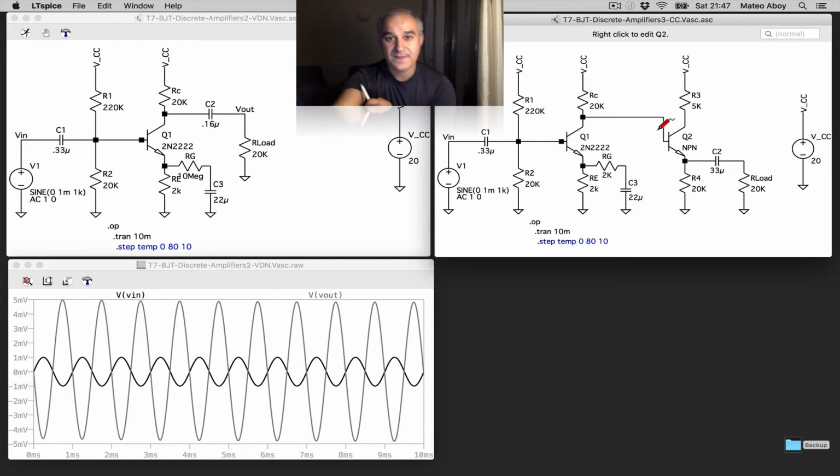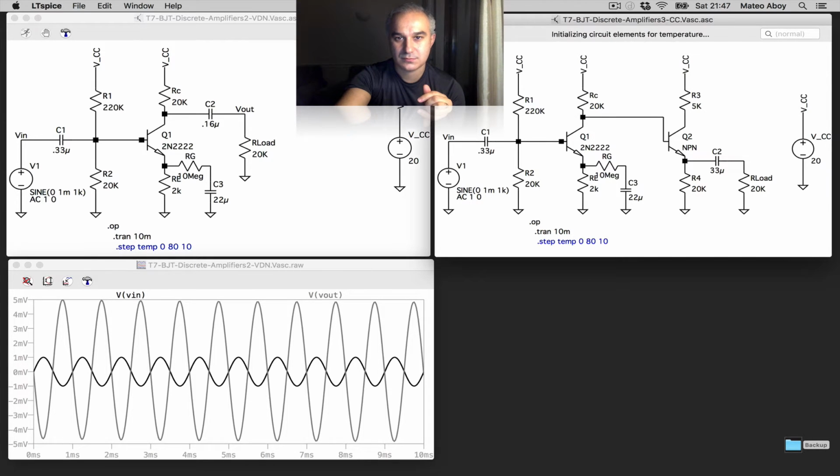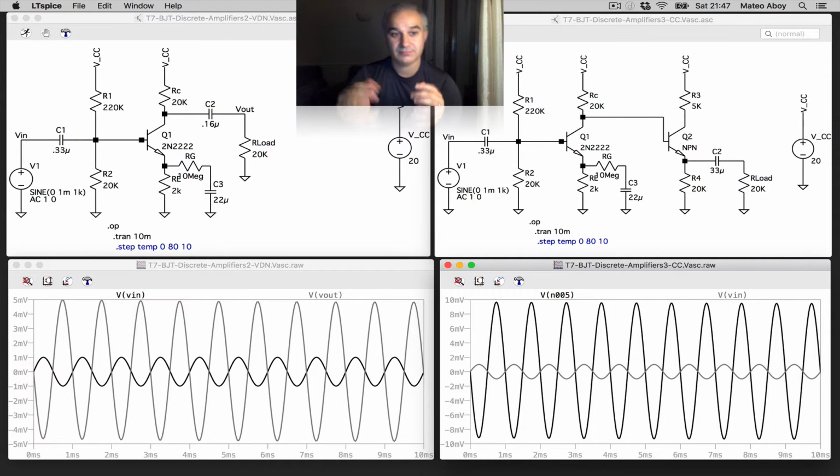So what happens if we do this? Let's run it with the same gain. Bang, we got our gain of 10, right? Now we can get any gain that we want. Again, this is a common collector.